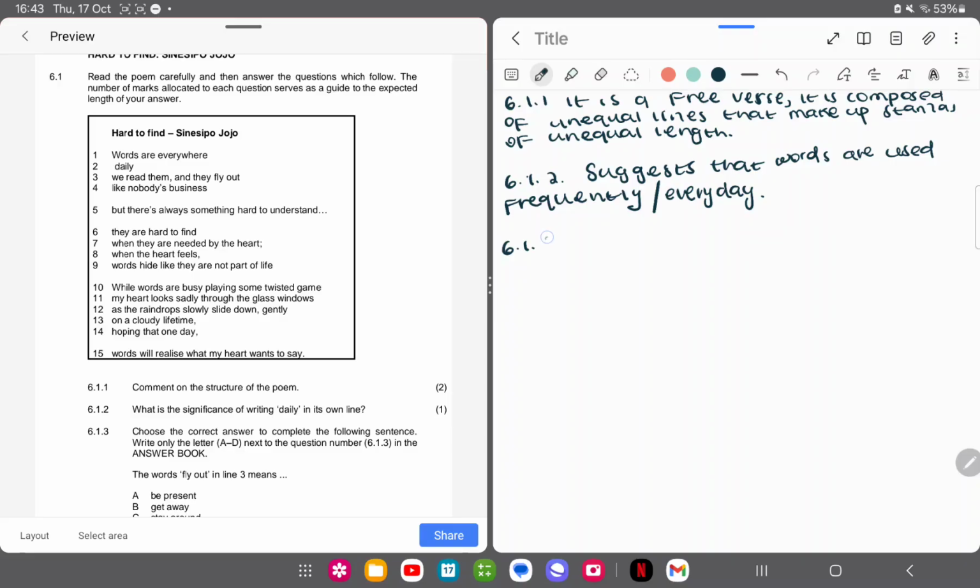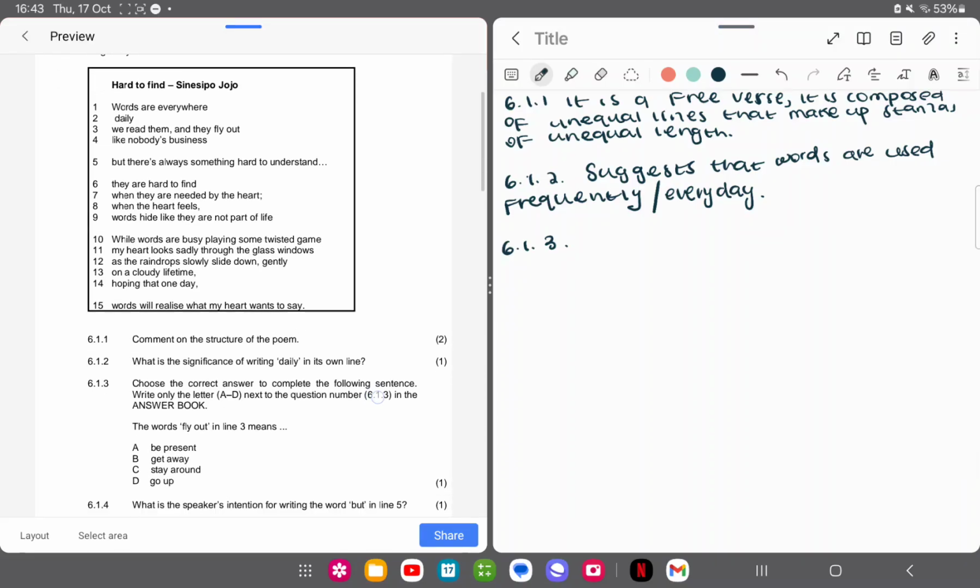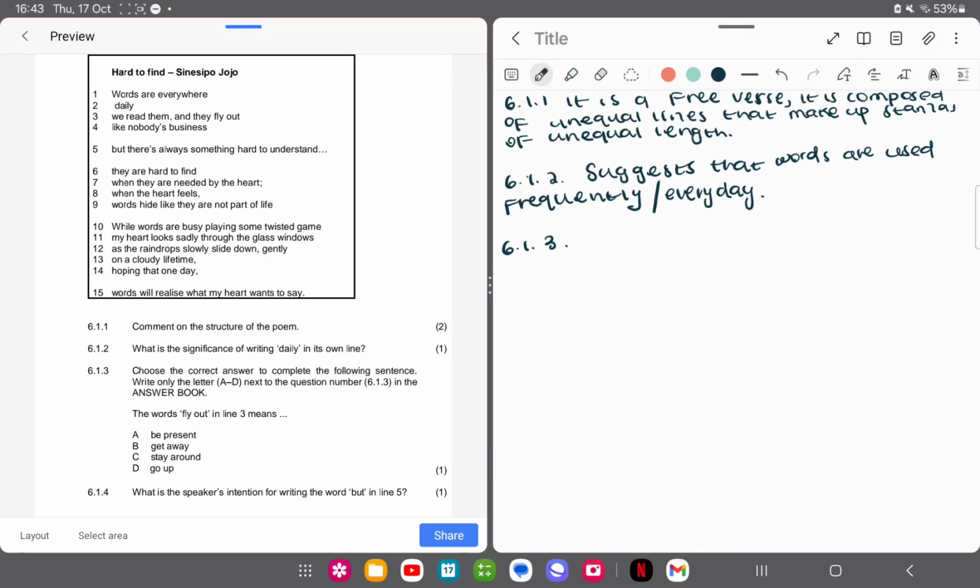Right, so we head on to 6.1.3, which says, choose the correct answer to complete the sentence. The question reads, the words fly out in line 3 means A, be present, B, get away, C, stay around, and D, go up. Having read the poem and understanding the line which states we read them and they fly out, you would be able to know the answer that best suits the question.